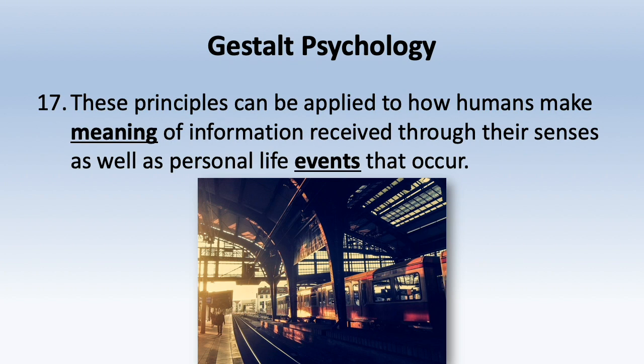We might associate the same kinds of people that look alike or remind us of somebody else that we've seen before. Or we might have a principle of figure and ground in our mind. Like we might focus on certain events or ideas in our mind, and other ideas and events in our life might go into the background as we don't focus on those things.